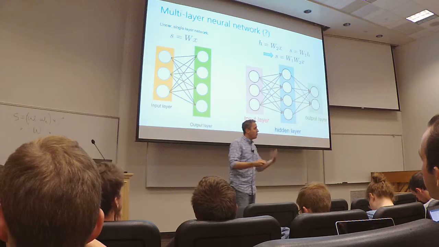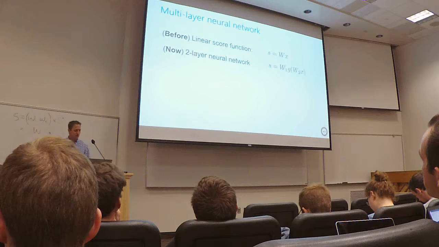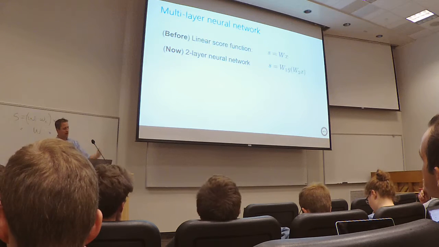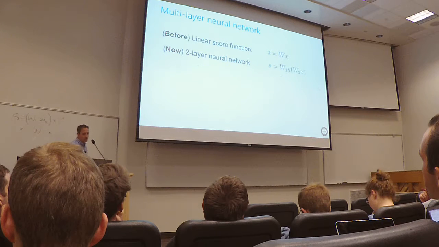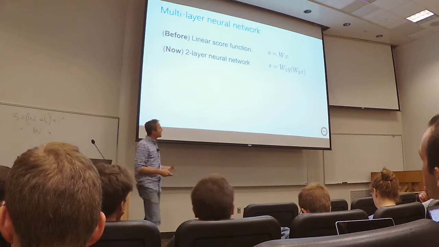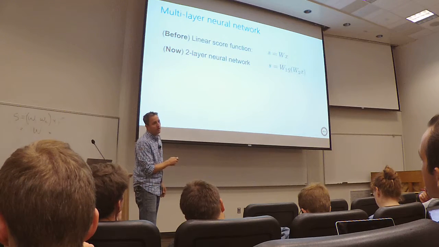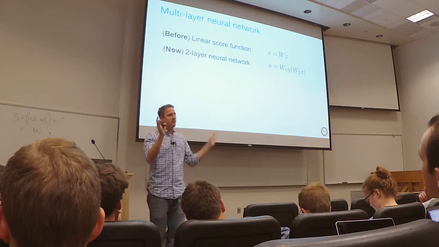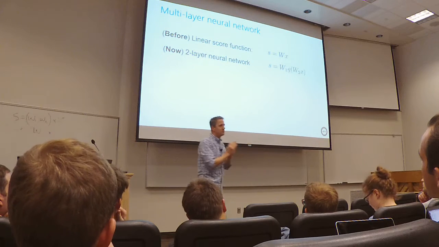Okay, so in normal machine learning, normal deep neural nets, we have to add some sort of nonlinearity. Before we had this linear score function, but you can imagine creating a 2-layer neural network, and as long as you have something here, we'll call it G for now, just some nonlinear function, then you eliminate the possibility of that linear collapse.